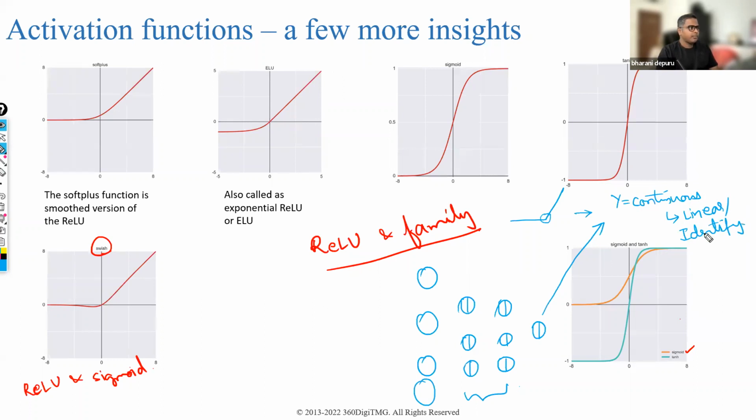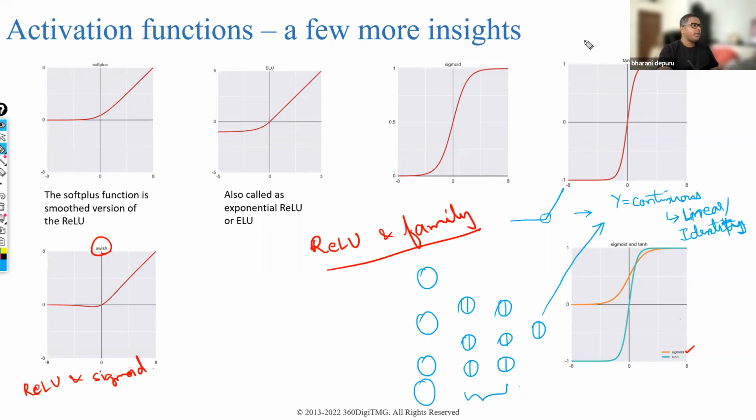Simply put, if you don't mention any activation function, it is considered to be identity or linear. Okay, please bear this in mind.